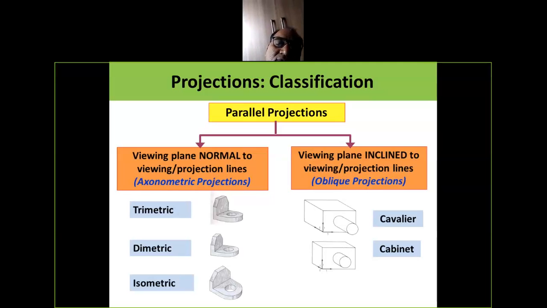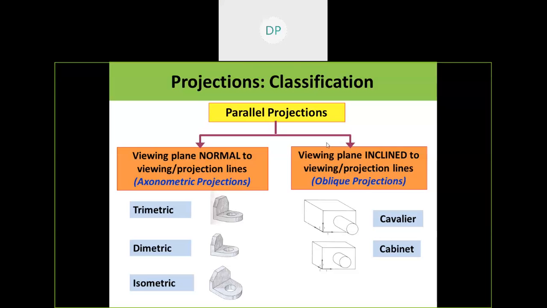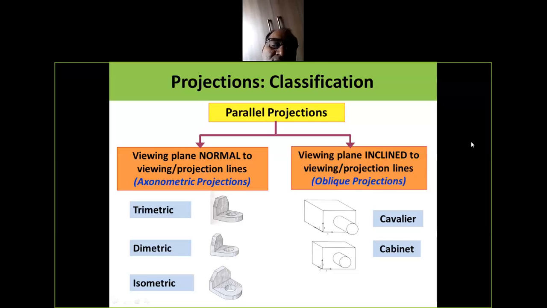That is, I have discussed trimetric, dimetric, and isometric. In isometric, all the three length lines are shortened by 80%.